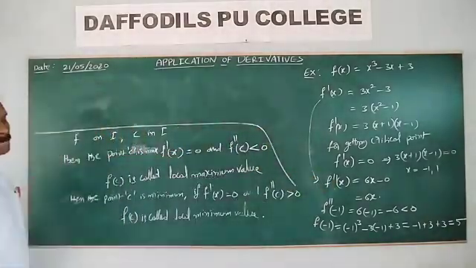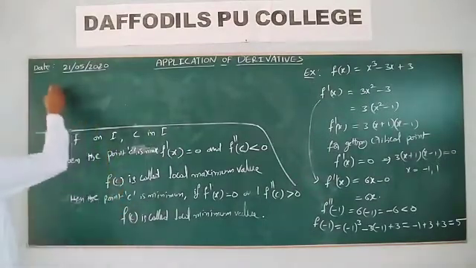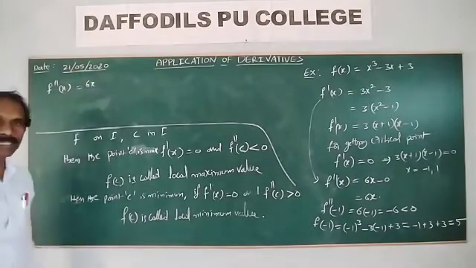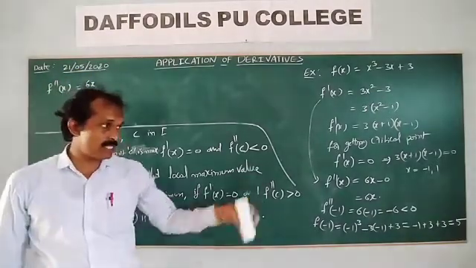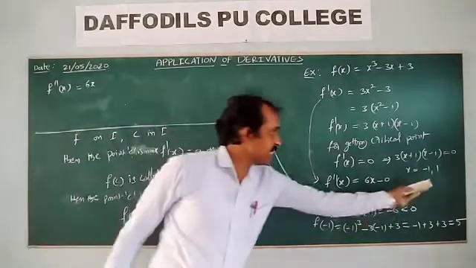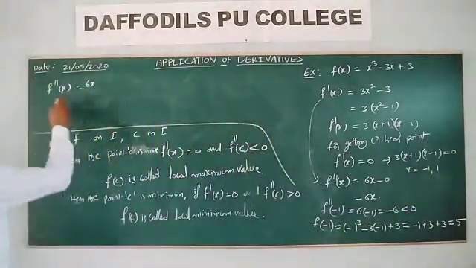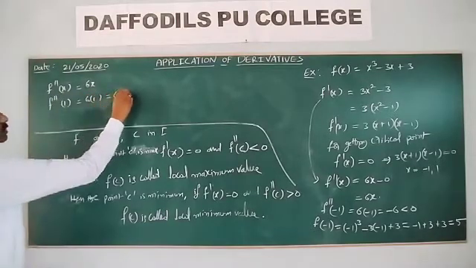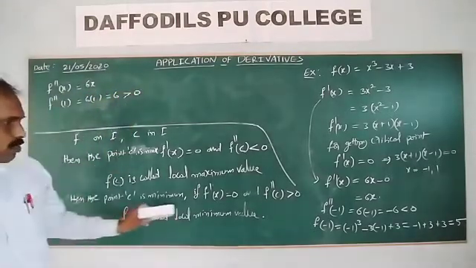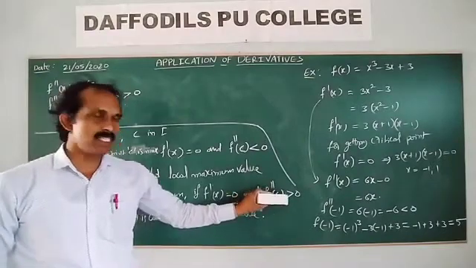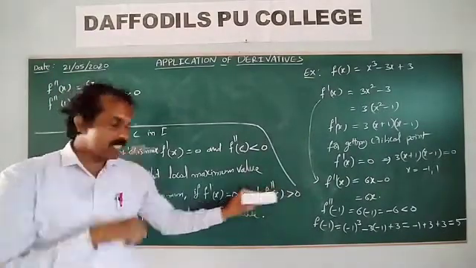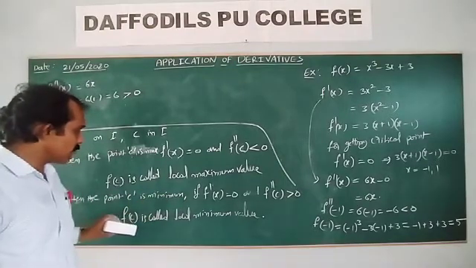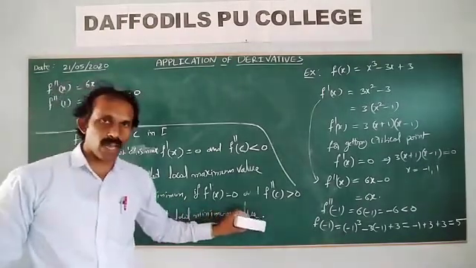Next, at 1, f double dash x is equal to 6x. Now, for the second critical point, f double dash 1 is equal to 6 into 1, which is 6, greater than 0. So f double dash c greater than 0, then the point is called the local minimum point, and f of c is called the local minimum value.